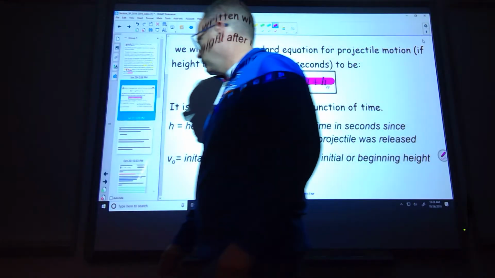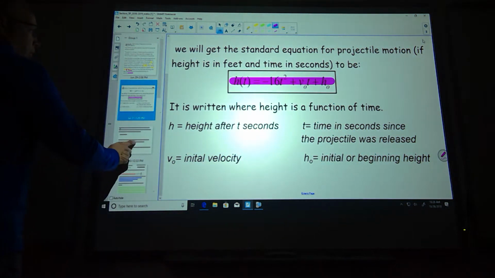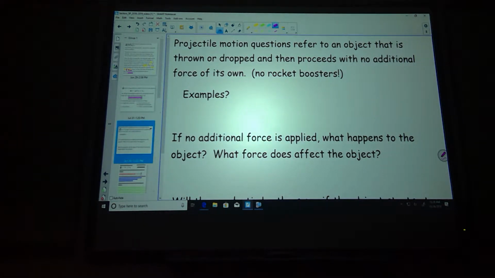We ready? I don't think there's too many more slides, but we're just going to go with these, and these take a little while to do sometimes.